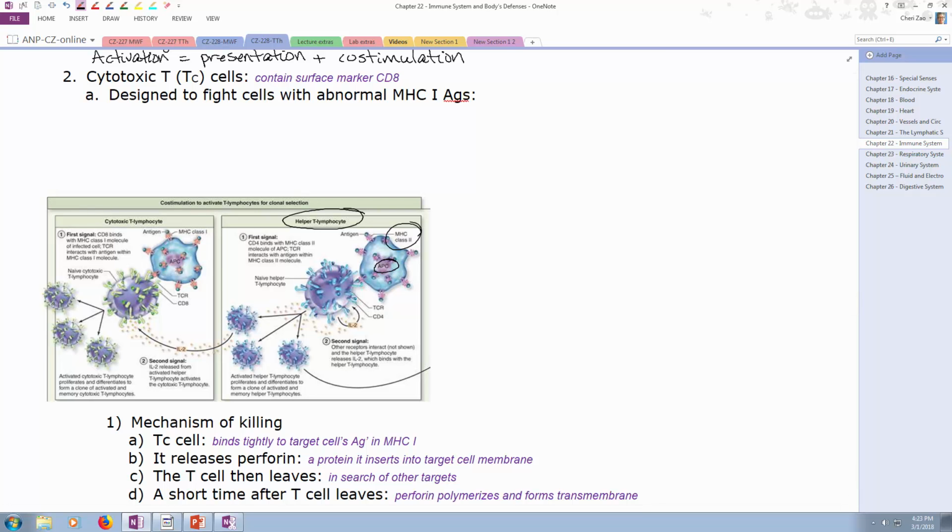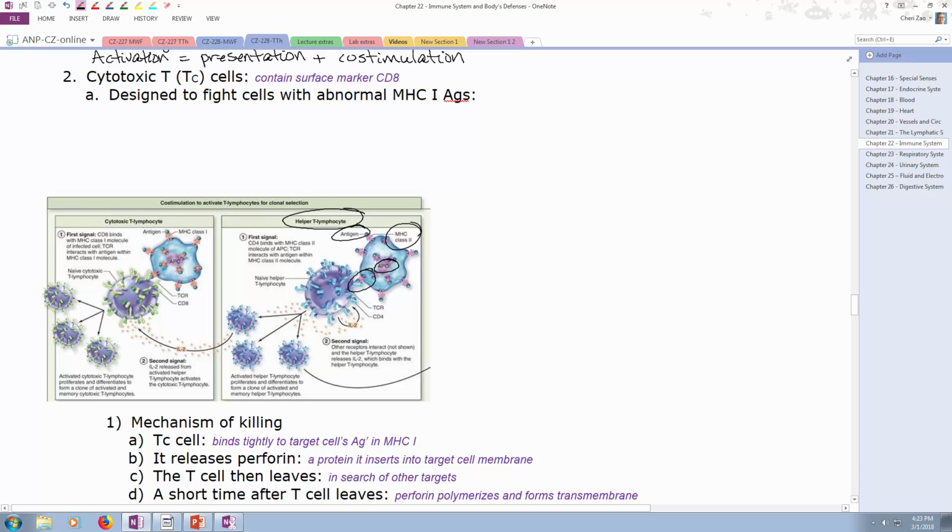It is loaded with an antigen, and if we're needing help to fight the pathogen, that antigen is not self-antigen. That's a pathogenic antigen. And so we have this interaction with the APC and the T helper cell. So the T cell receptor, TCR, is going to bind this antigen that's presented to it.